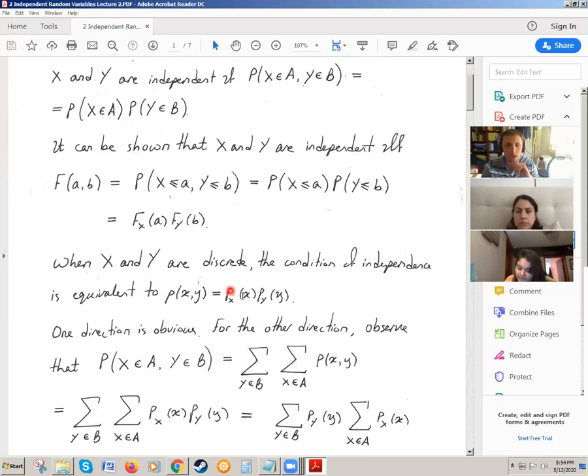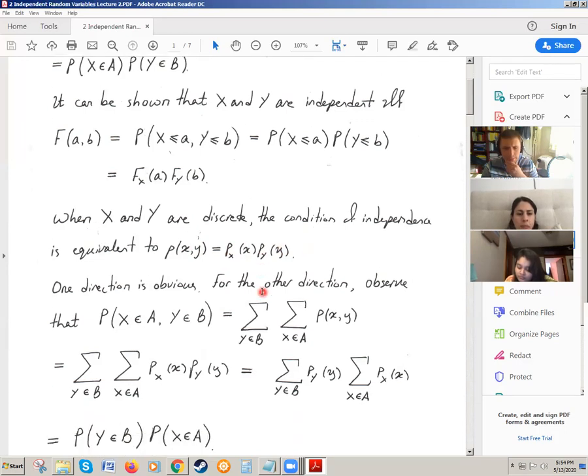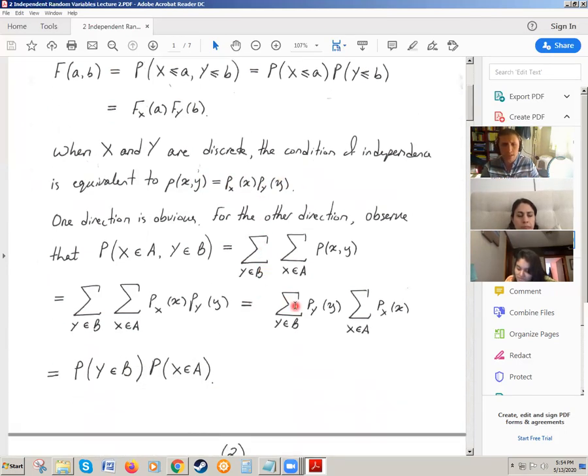When X and Y are discrete, you have the mass function, and the mass function satisfies that the probability of those two events happening is the probability that X happens times the probability that Y happens. So it has this property that we learned in chapter 3. And it's really the same thing for integration as for the sums.